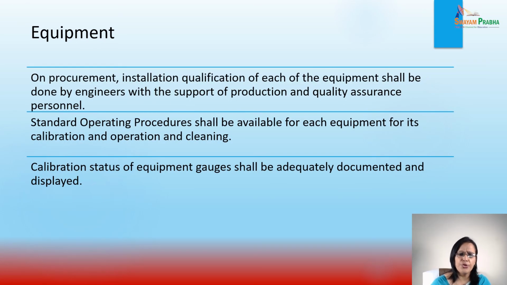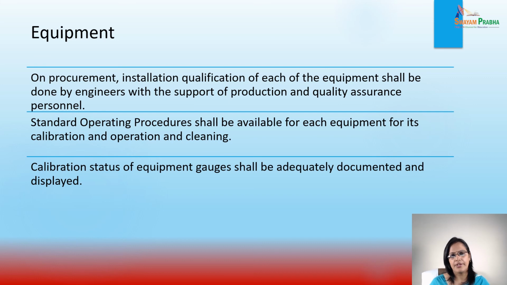On procurement, installation and qualification, the documents shall be prepared by engineers with the support of production and quality assurance persons. A standard operating procedure shall be available for each equipment for its calibration, operation and cleaning.